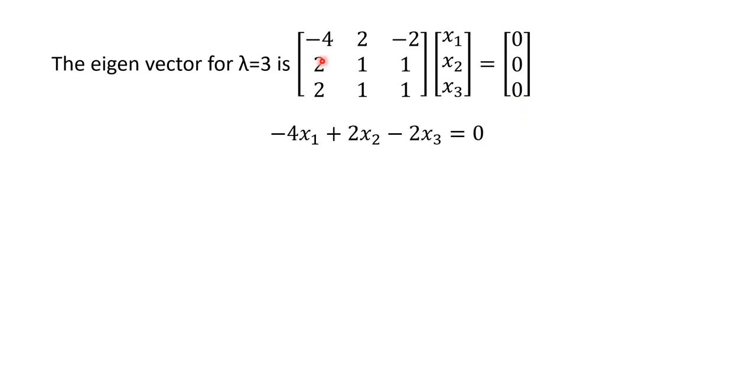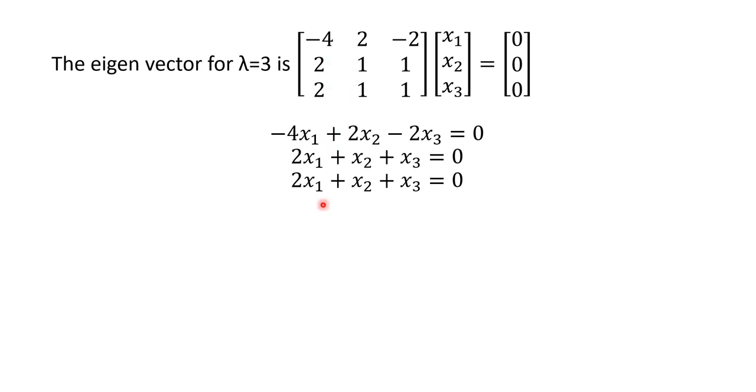So the equations are minus 4x1 plus 2x2 minus 2x3 is equal to 0, 2x1 plus x2 plus x3 is equal to 0, and 2x1 plus x2 plus x3 is equal to 0. These are the three equations for this matrix form. But here the last two equations are same, since the row vectors are linearly dependent.